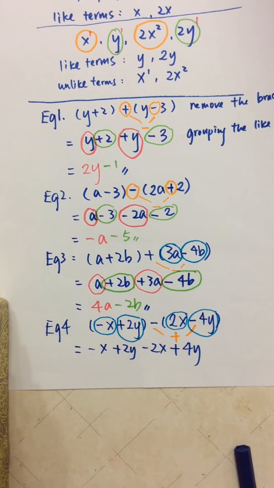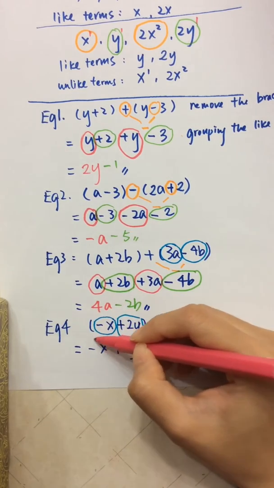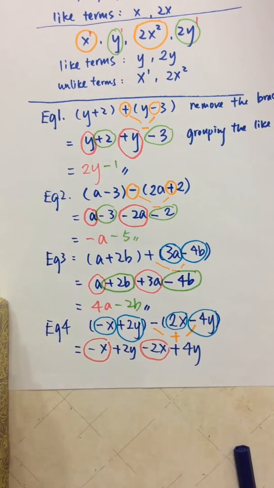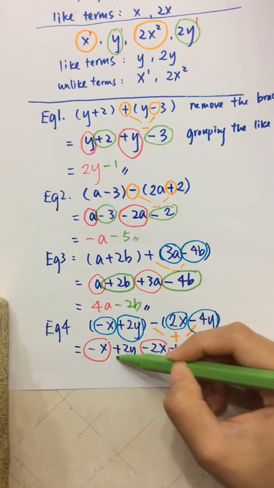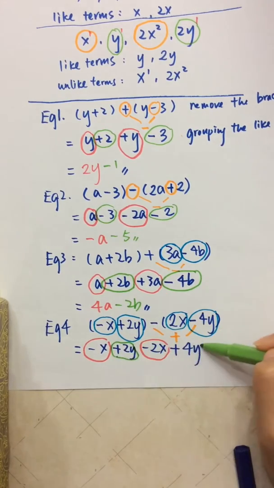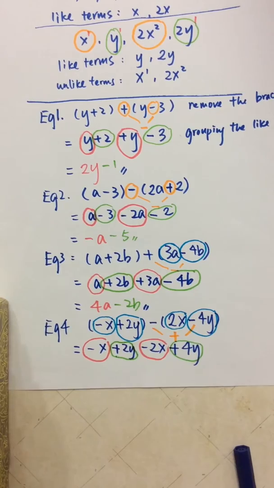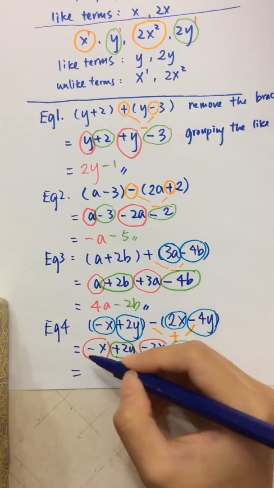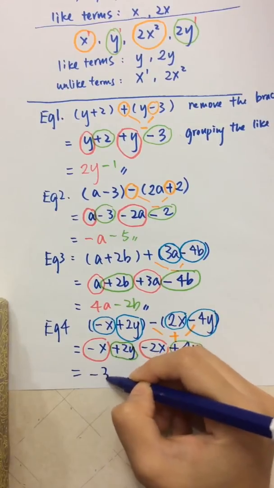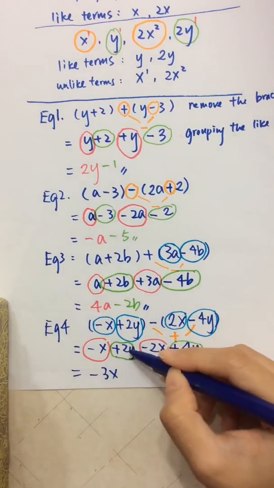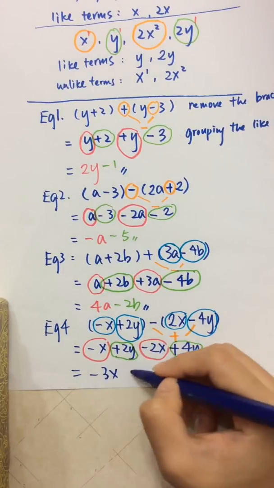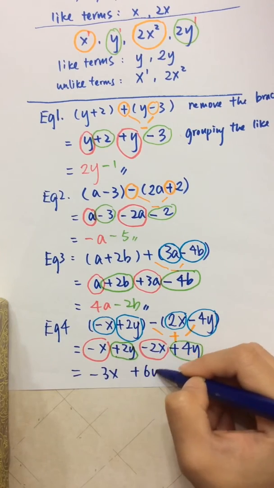Again, circle with the same properties. Negative x, negative 2x. And here, positive 2y and then positive 4y. So negative x, negative 2x becomes negative 3x. Positive 2y, positive 4y will become positive 6y.